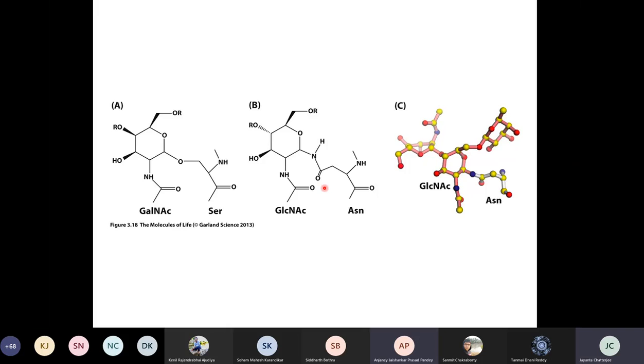See, you can form things, depending upon how harsh the conditions are. We are talking about glycosylation here, and simple esterification.